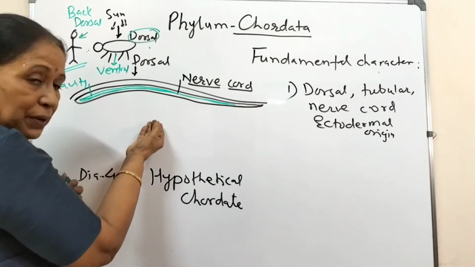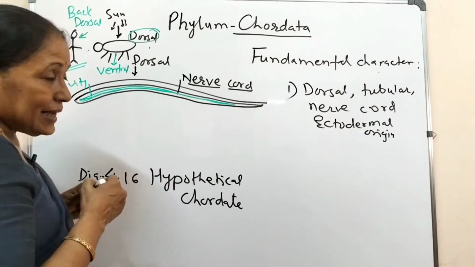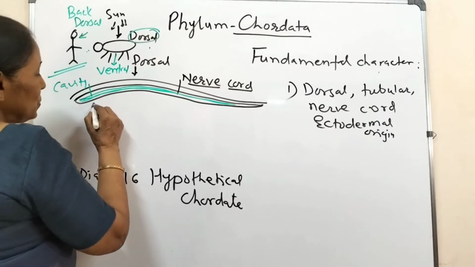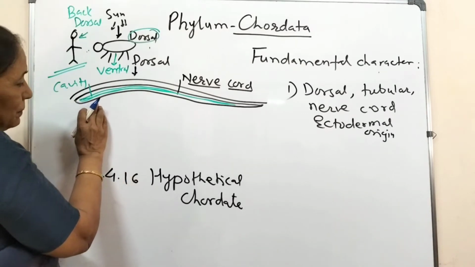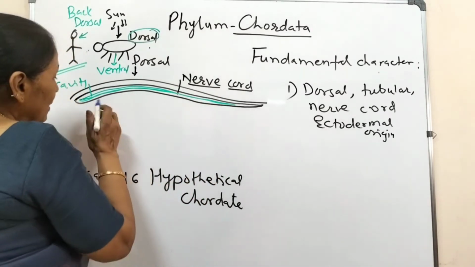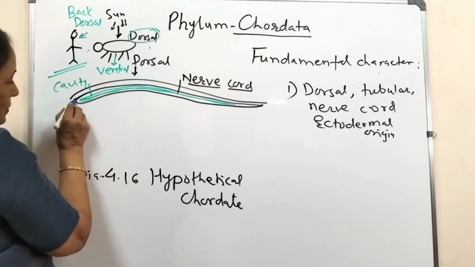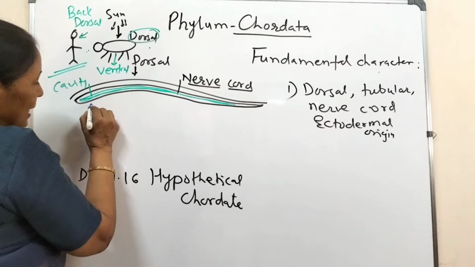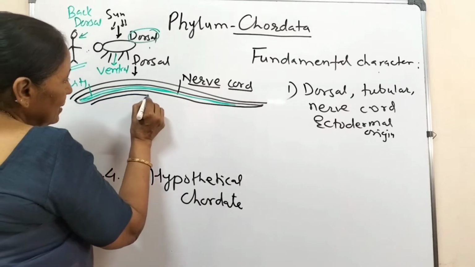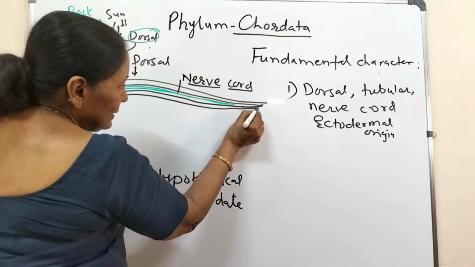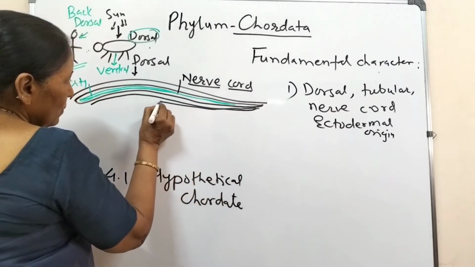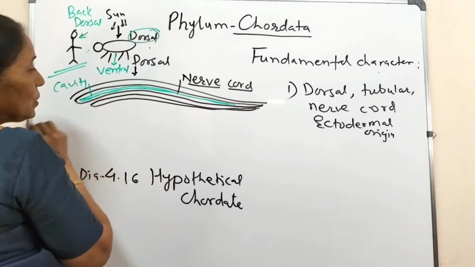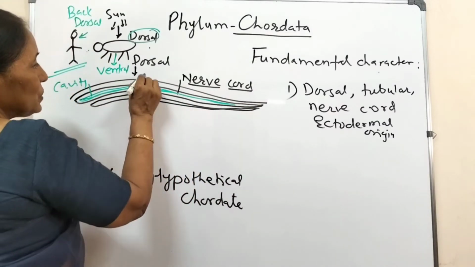Then just below it there is this notochord. Start a little behind the point where we started the nerve cord. Then this is the notochord. This is not hollow, this is solid.